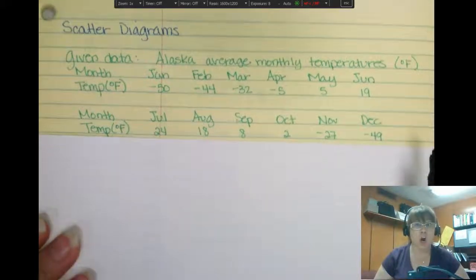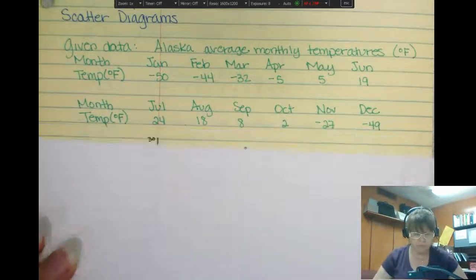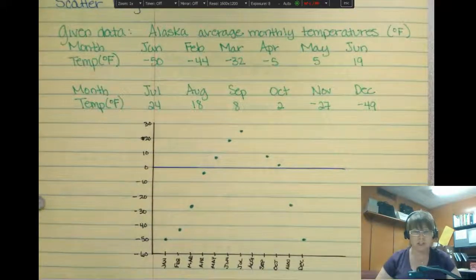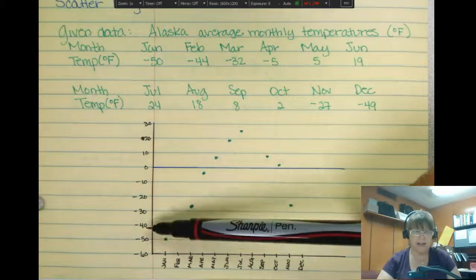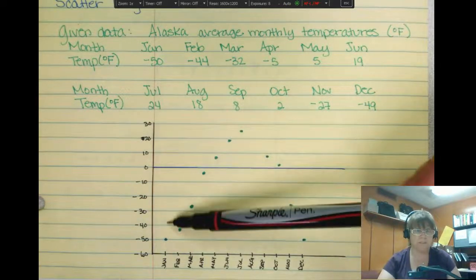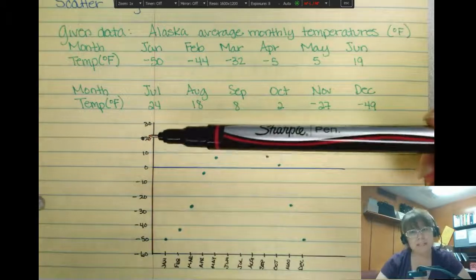Now we can put it on a scatter diagram, and what we're going to do is on the bottom of our chart we're going to write down the months, January, February, March, April, all the way through December, and then vertically we've labeled temperatures all the way from negative 60 all the way to positive 30, but we didn't list every single one.